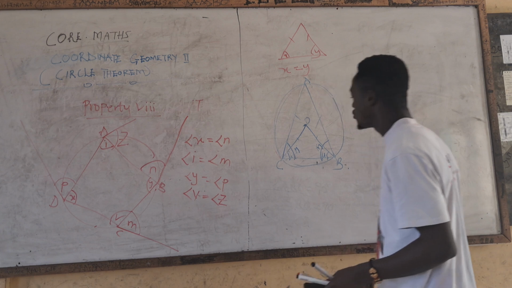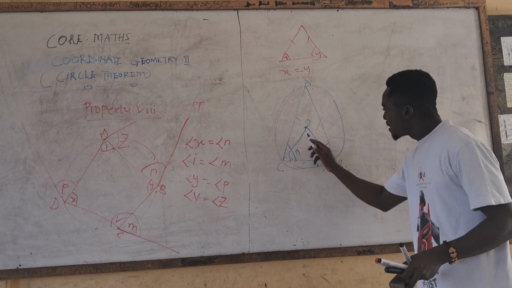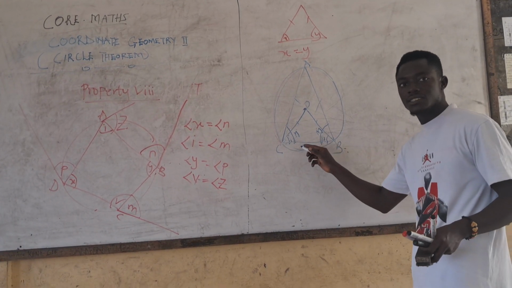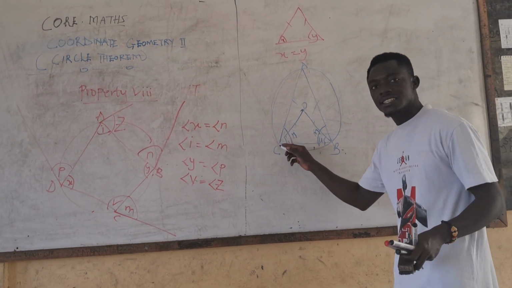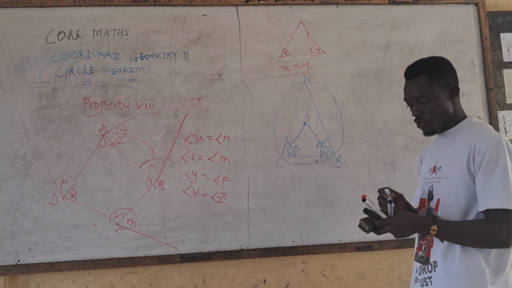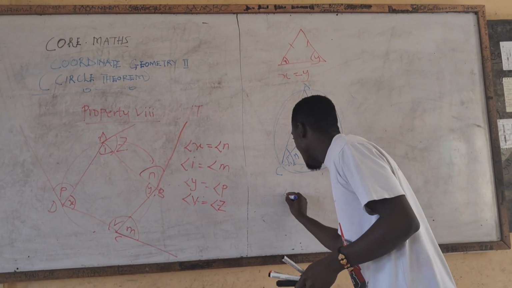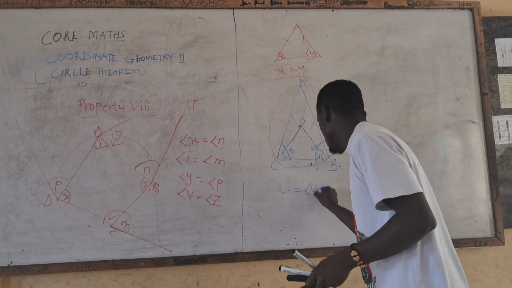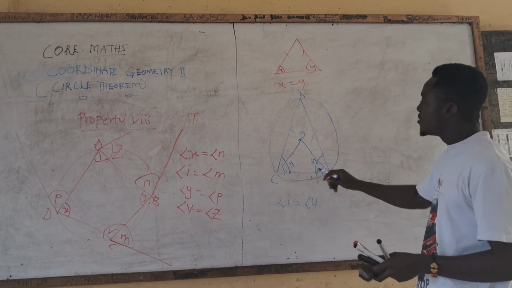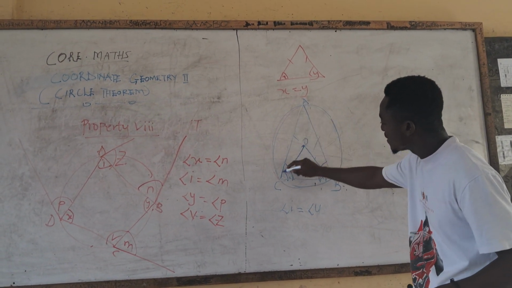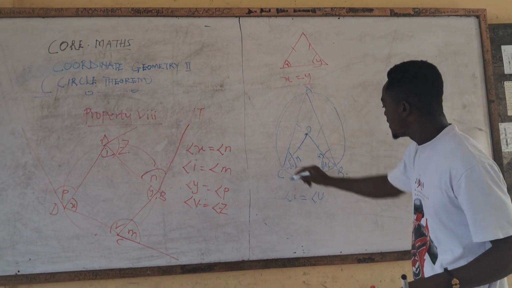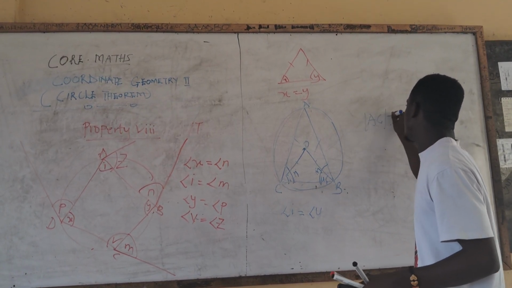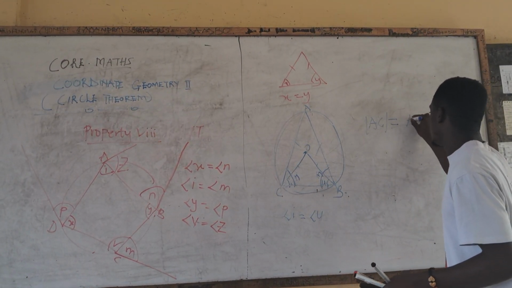Therefore, we can conclude that since this line and this line are radii, then the angles formed by them at the circumference, joined by the same chord, are what? Equal. Then we can conclude that the angle I is equal to the angle U. We can also say that line AC is equal to line AB.